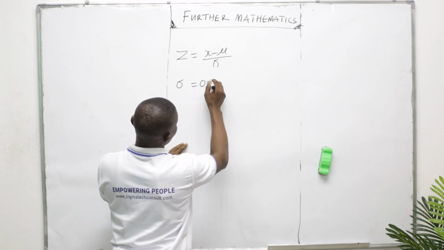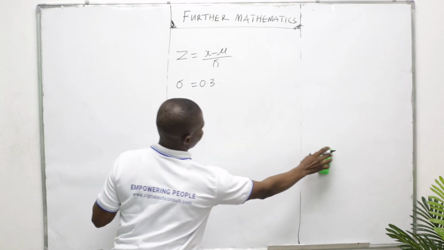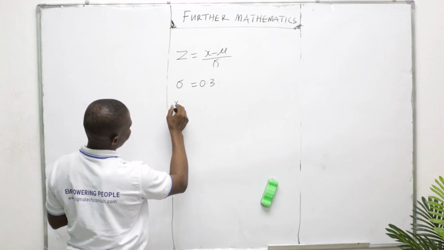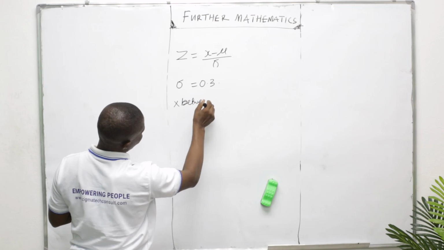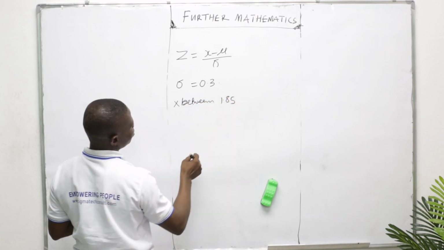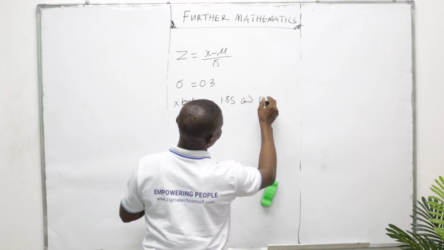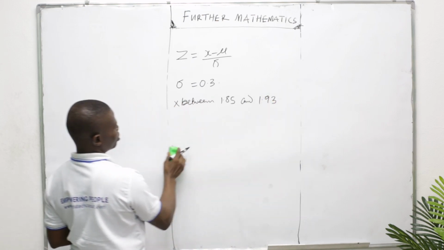Let me not use 0.5. Okay. Where X is between 1.85 and 1.93.